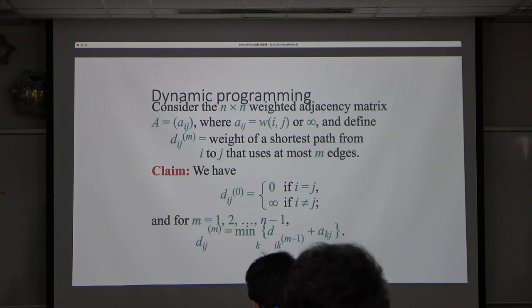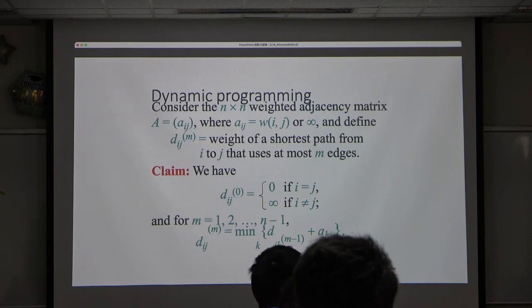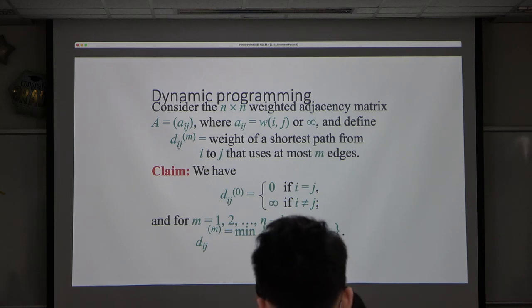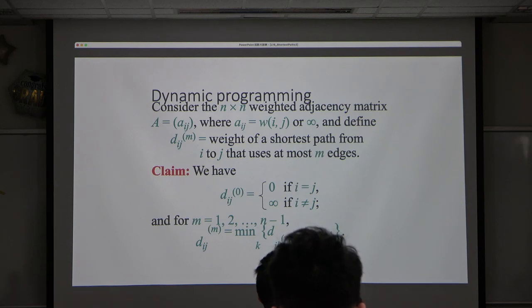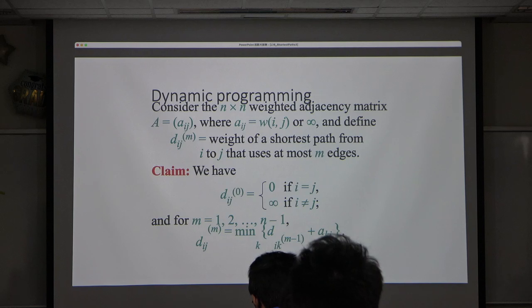This represents the edge from k to j, the weight of the edge from k to j. This is the shortest path from i to k using n minus 1 edges, plus this one. And we are looking for the smallest one from all these possible combinations.